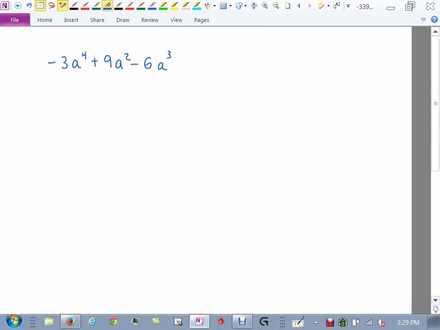So when I look at that, I see a 3. I could pull a -3 out or a +3. I see an a squared common factor. So I'm going to choose to pull a -3a squared out. Could you have just pulled 3a squared? Yes. I chose not to. What remains is this. All right, so any questions on that step?